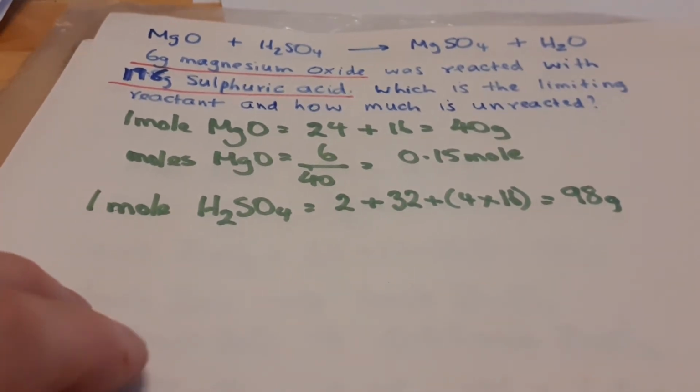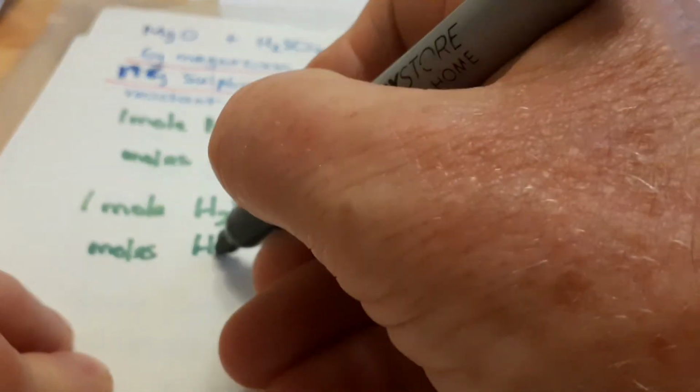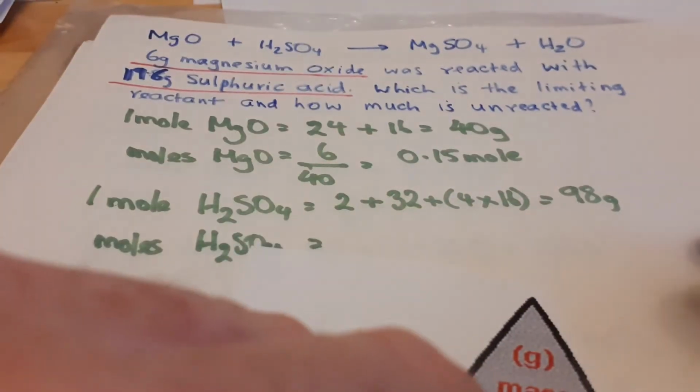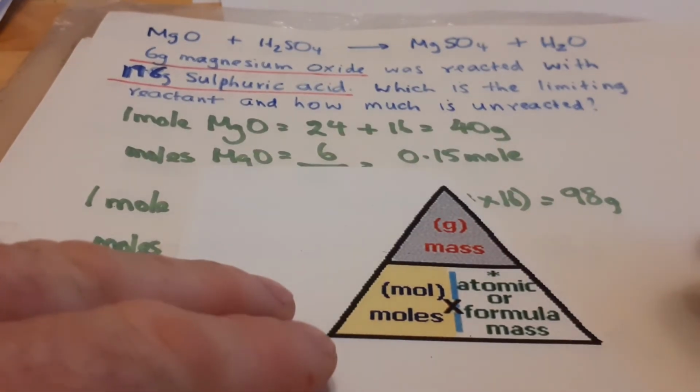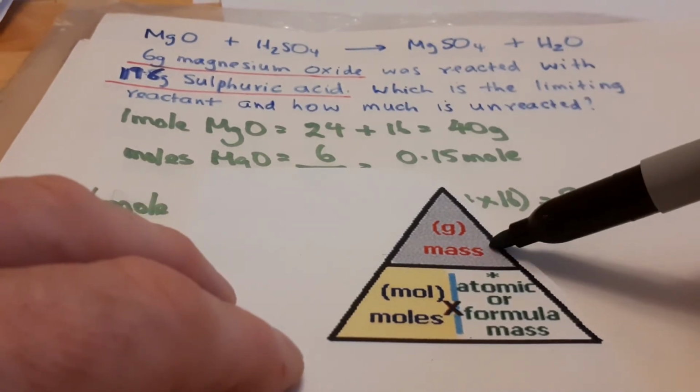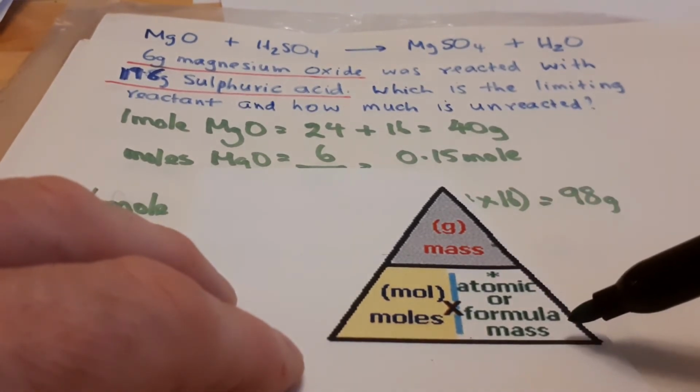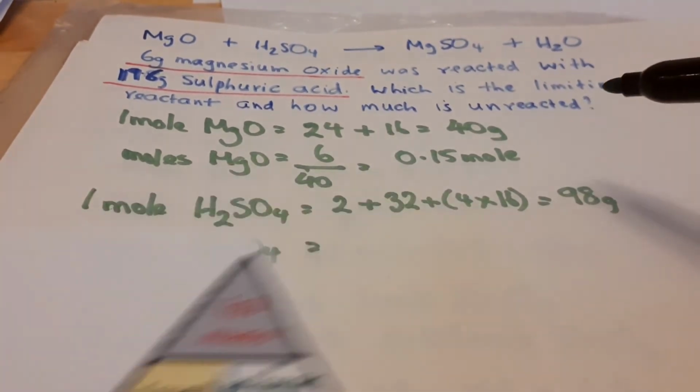Now, moles H2SO4 exactly the same way as we did magnesium oxide, same as normal. The mass divided by the mass of 1 mole.